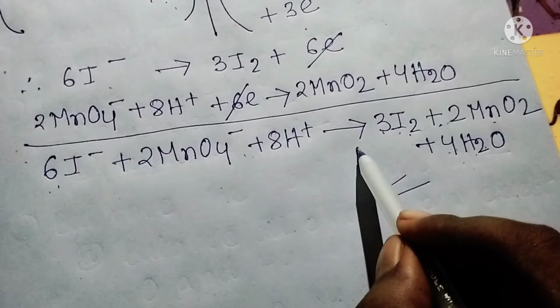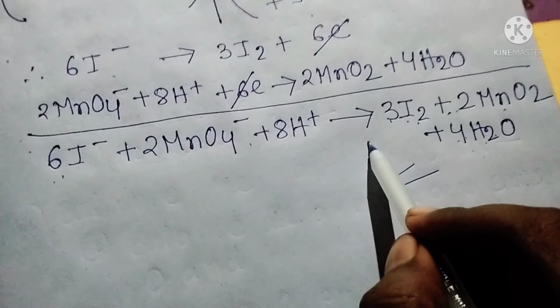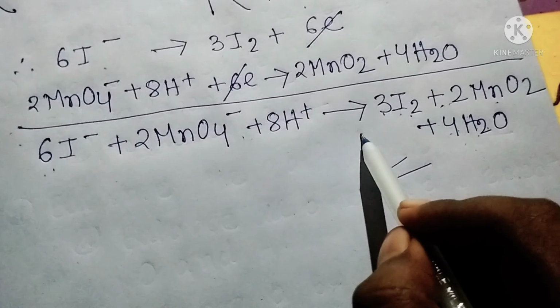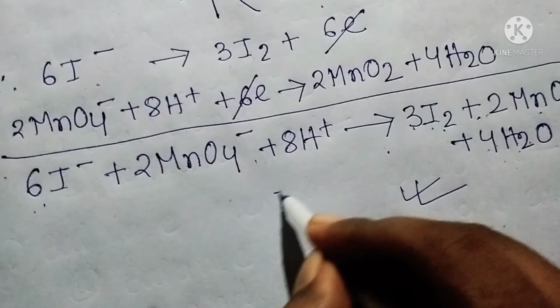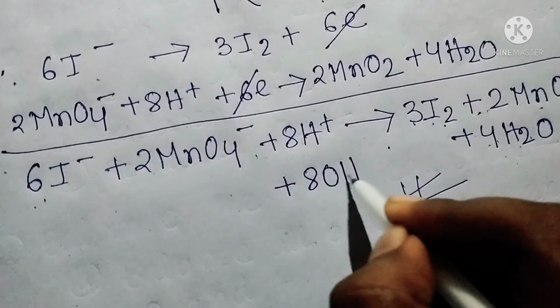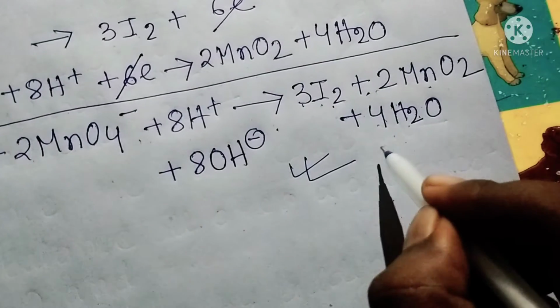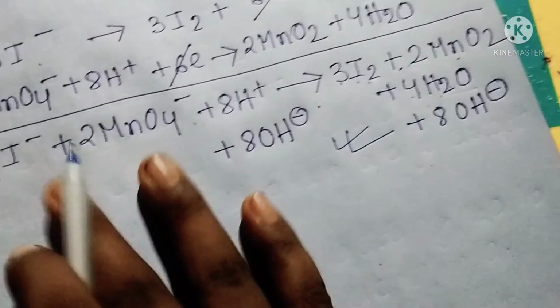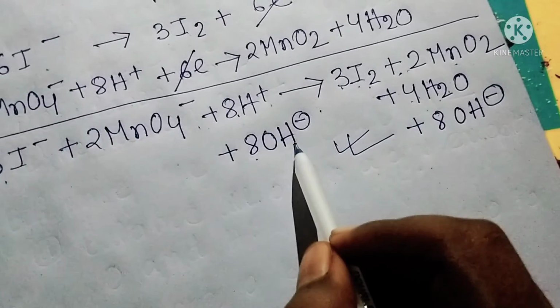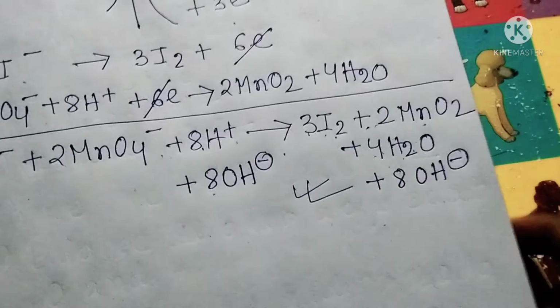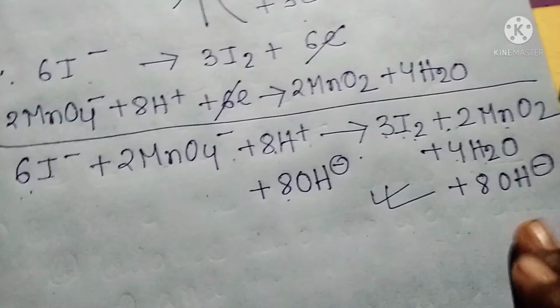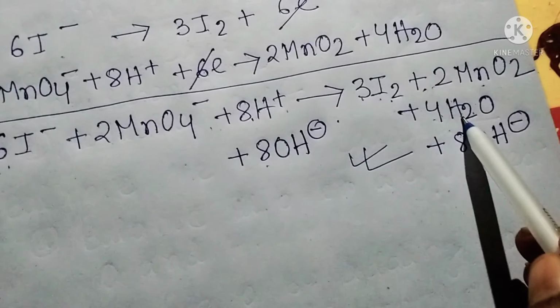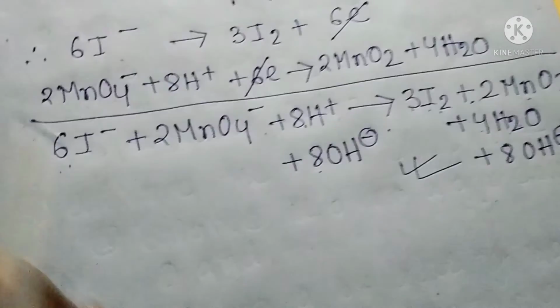So here this is what we get in acidic medium, but we have to calculate this in basic medium. So here 8H plus is present, so we have to add 8OH minus here, and also here 8OH minus. So here students, what happened, 8H plus and 8OH minus combine and form 8H2O, and here 4H2O is present, so this is cancelled and here 4H2O will remain.